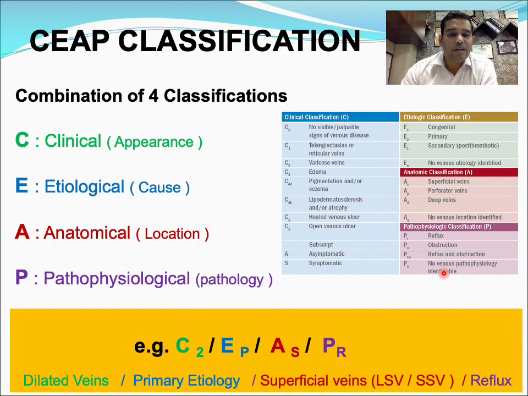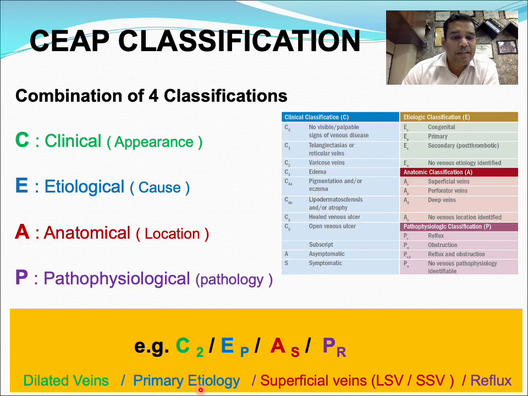So for example, if I am giving you a diagnosis of the patient having a varicose vein with C2, EP, AS and PR, that suggests the patient is having dilated veins, that is proper varicose veins.